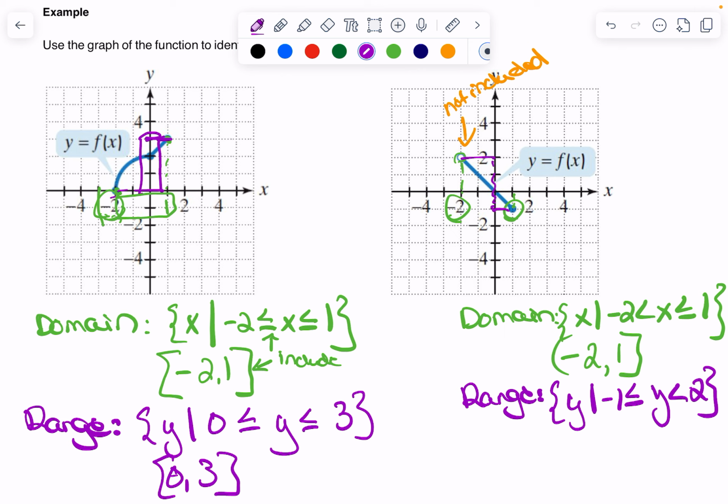And then we're going to do -1 in brackets, 2 in parentheses. So when we're writing this, we're writing it from the smaller to the larger. Even though this one's going downhill from left to right, it's always the smaller number first.